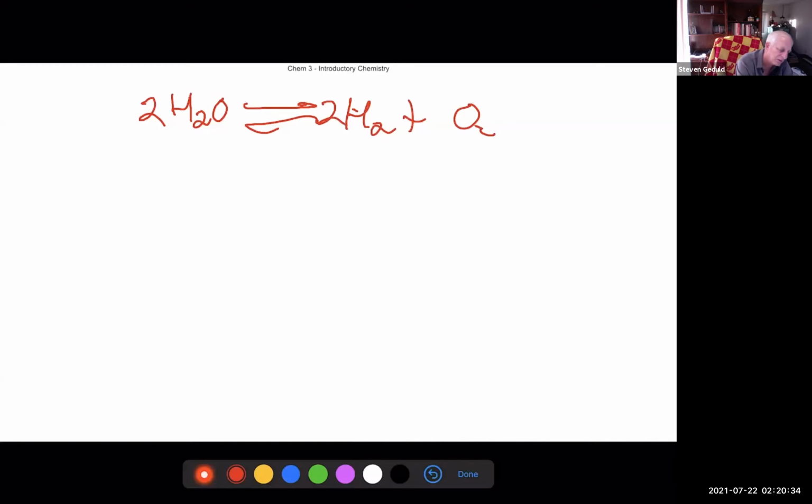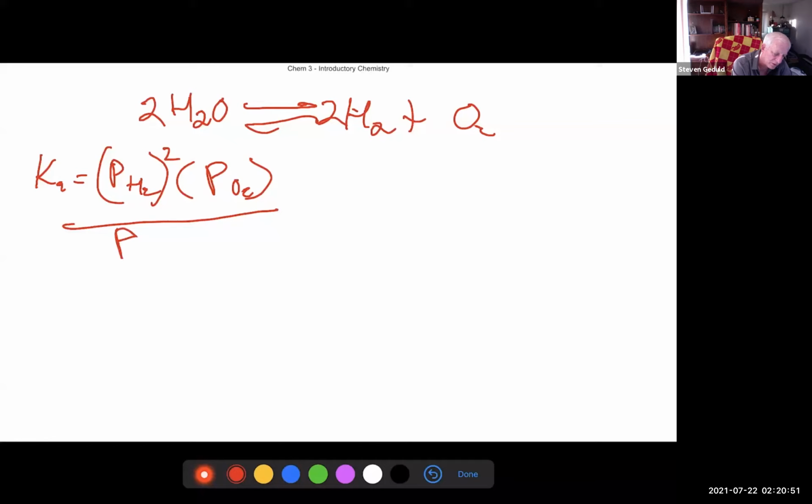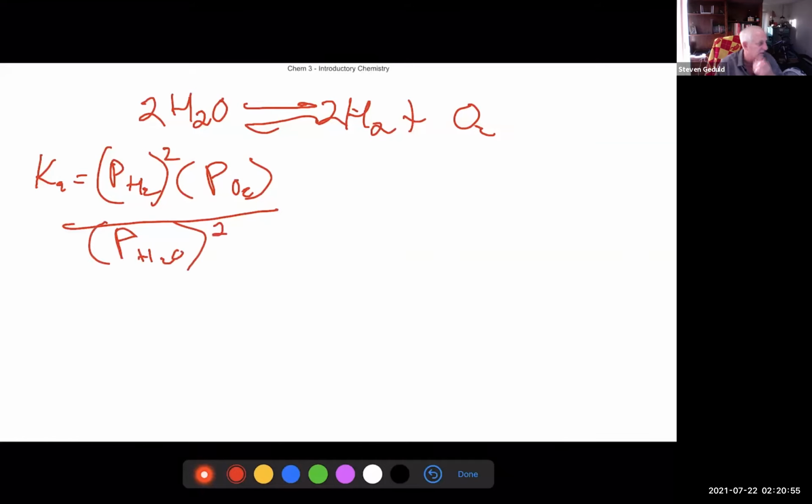So the equilibrium expression is equal to, and this is in pressures, the products: partial pressure of hydrogen squared, partial pressure of oxygen, divided by partial pressure of H2O squared. Remember, H2O gets included because it's in the gas phase. If it was in the liquid phase, we would not include it.